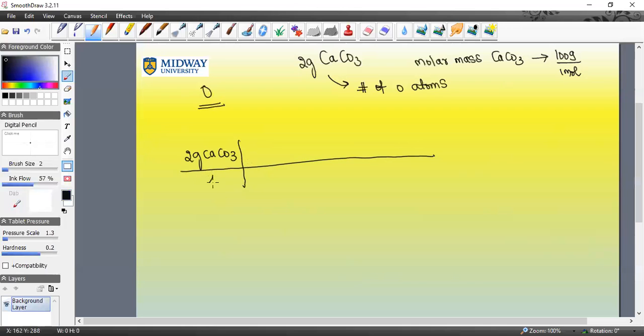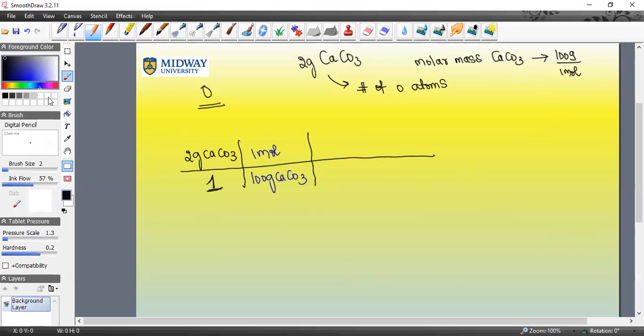So we write 1 on the bottom because there is no information to fill that space with. And then the next piece of information obviously is the molar mass, because that molar mass is for the calcium carbonate, not for just calcium, carbon, or oxygen. So it's 100 grams of calcium carbonate in 1 mole, right? Why are we flipping it? Because that's the only way we can get rid of the grams in the first column.